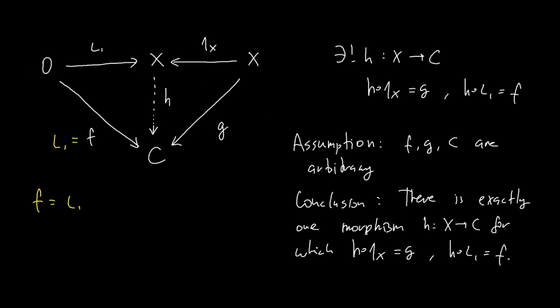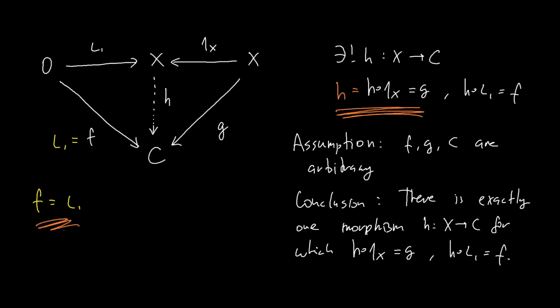So can we take just H to be equal to G? Yes, I think that's the obvious thing to do. In fact, maybe that's the only thing we can do, because the left side of this equality, of course, because we've got identity morphism here, will be equal to H. So basically, this already suggests to us that H must equal G as well.